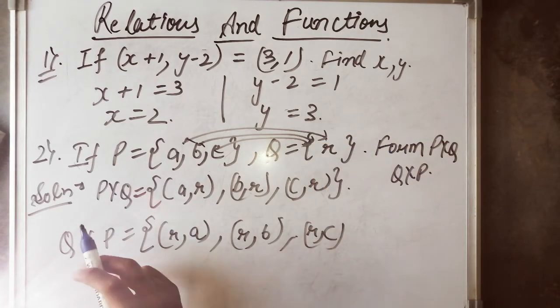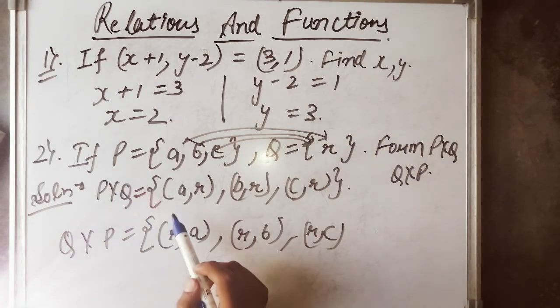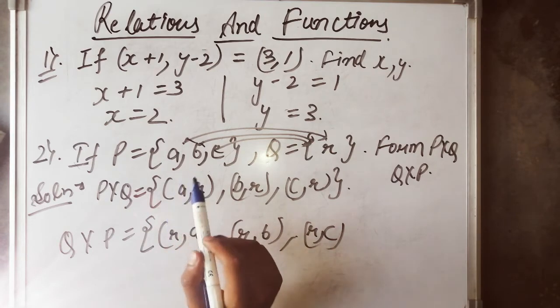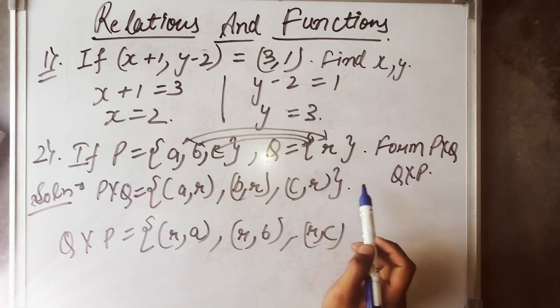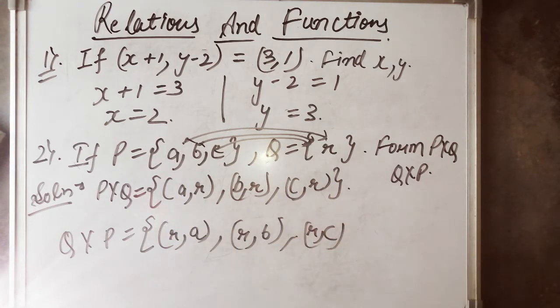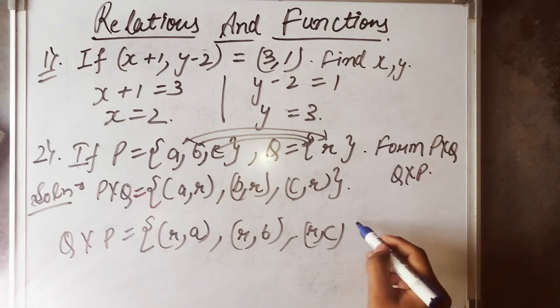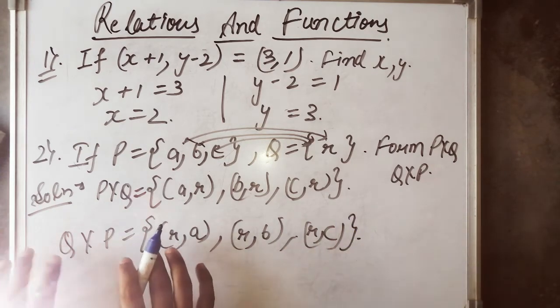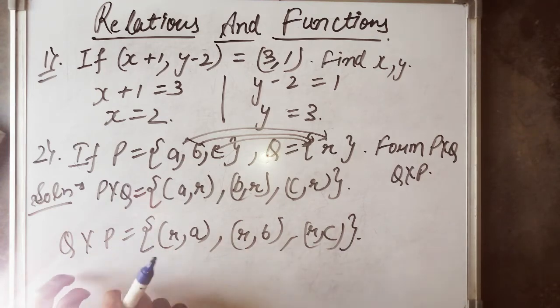When we have to find P cross Q, we take the elements of P first and then the elements of Q, and if we need to find Q cross P, we take the elements of Q first and then the elements of P. Students, remember that P cross Q is never equal to Q cross P. Pause the video to note it down.